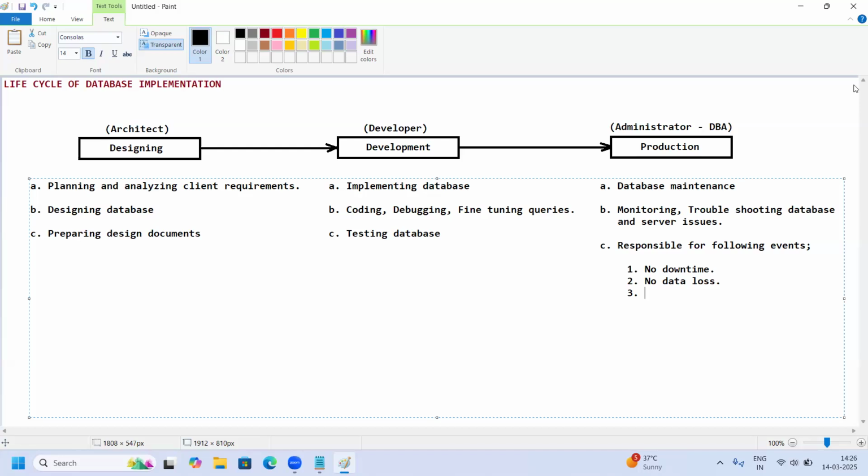It is not an activity of 1 or 2 days. It may be an activity of months together. So those things you are supposed to manage properly. You understand? No data loss.